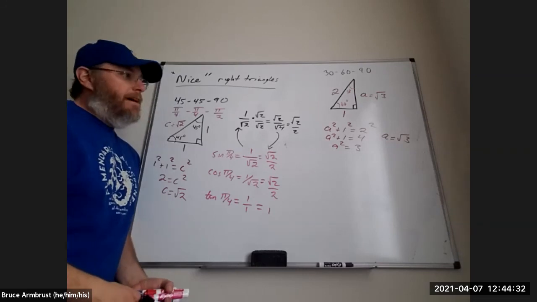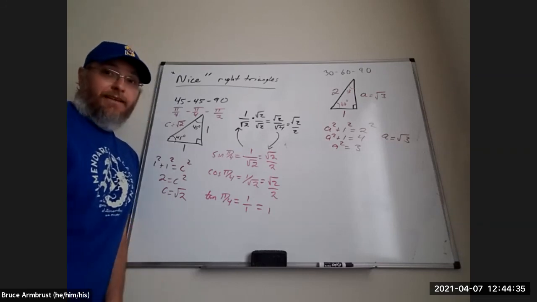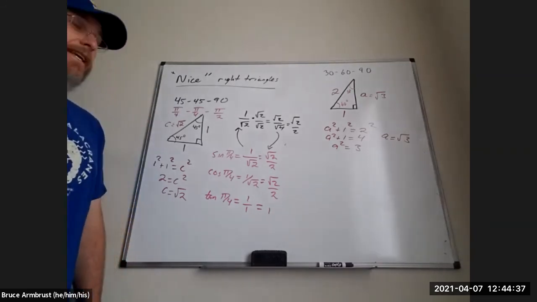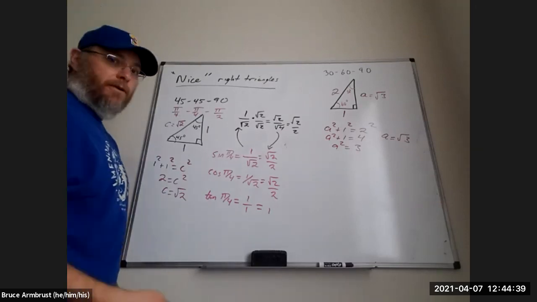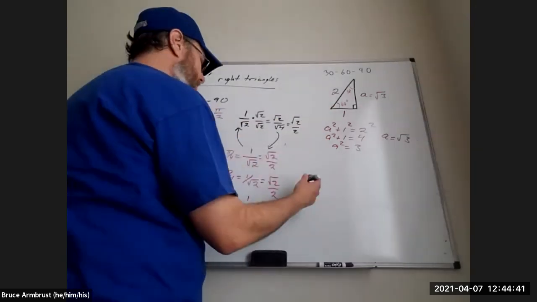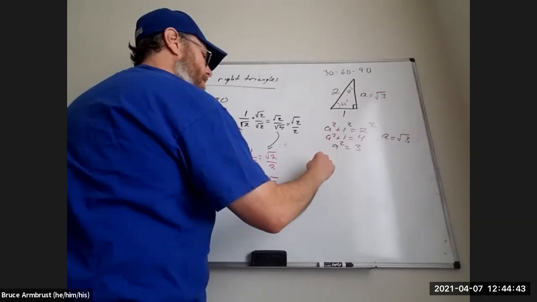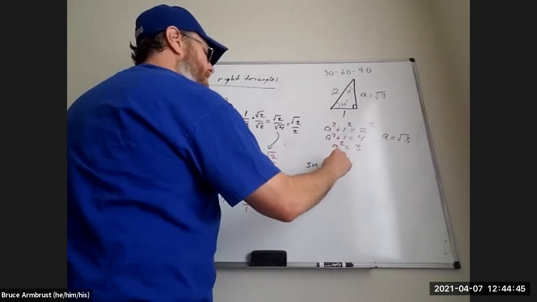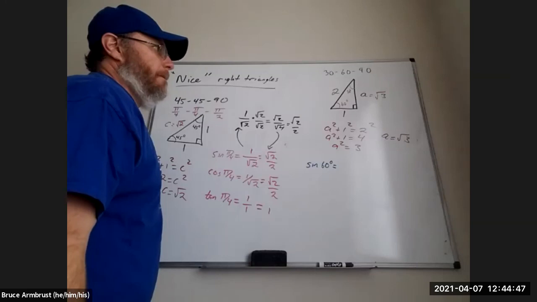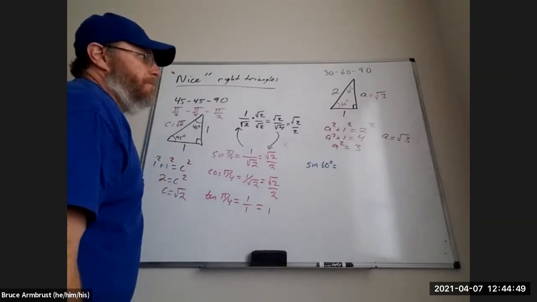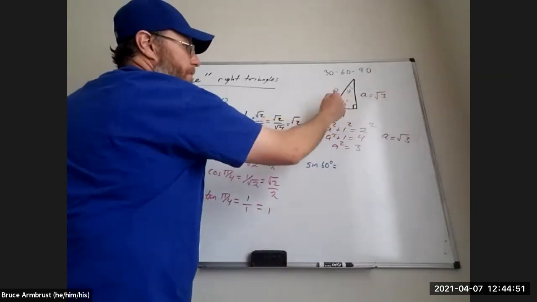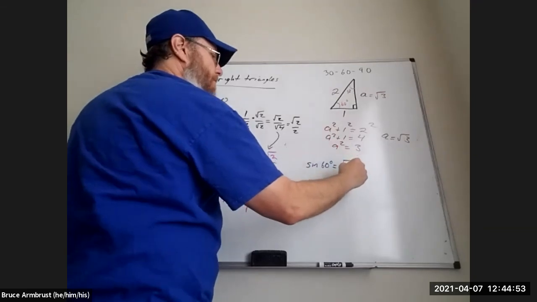And now that we have those, we can get sine, cosine, and tangent for these 2 angles. So let's start with the 60 degrees. So the sine of 60 degrees. Sine is opposite over hypotenuse, so that's √3/2.